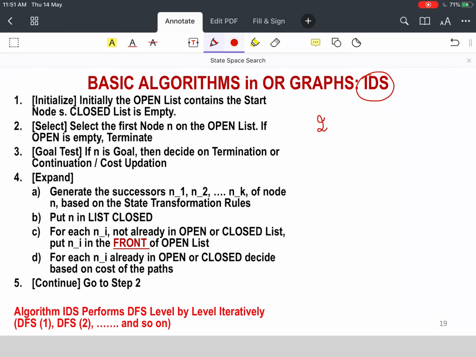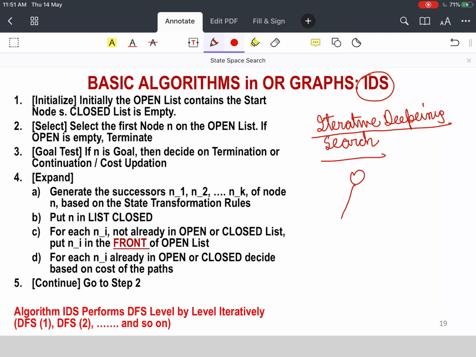A variation of the depth first search algorithm is called iterative deepening search. While the depth first search algorithm has a problem of going in one direction deep, whereas the solution may be lying somewhere else, iterative deepening does DFS iteratively, which means it performs DFS level by level.